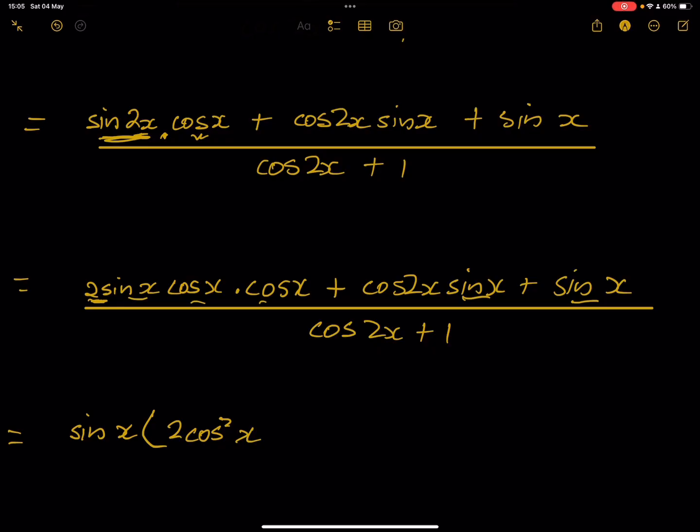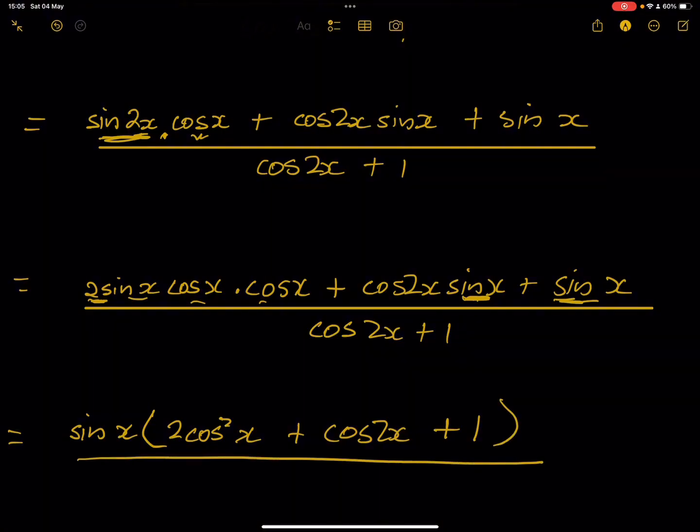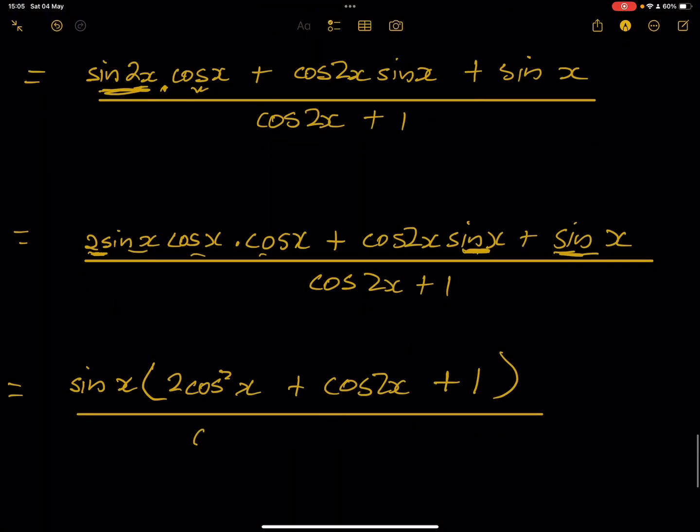The next term without the sine x, I've got plus the cos of 2x. And the last term, that's just 1. This is divided by cos of 2x plus 1.